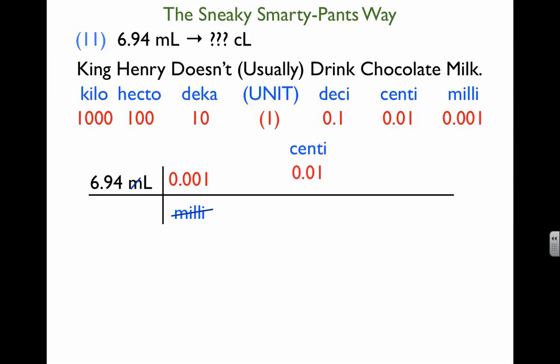So I'm going to do a second thing here. I want the centi to stay with the liters. I don't want it to divide out or do anything funny. So I put that on top, and on the bottom I put the definition of what centi means. 0.01. This is the sneaky smarty pants way to do dimensional analysis for metric.